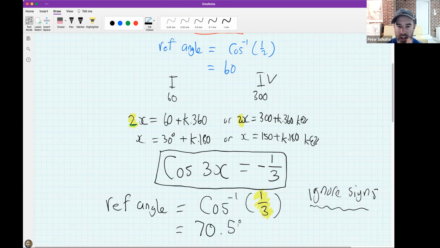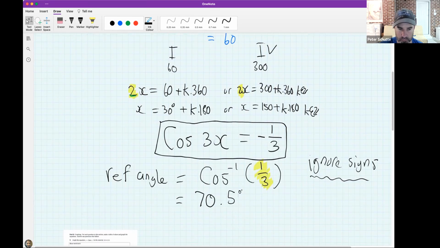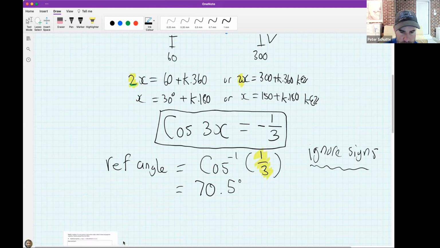So you should have got that as your reference angle, but now you need to think, what does the next part look like? So Karabo, I'm keeping quiet to give you a chance to practice for the most part. But if you have a question, pop it in the chat and I will respond.